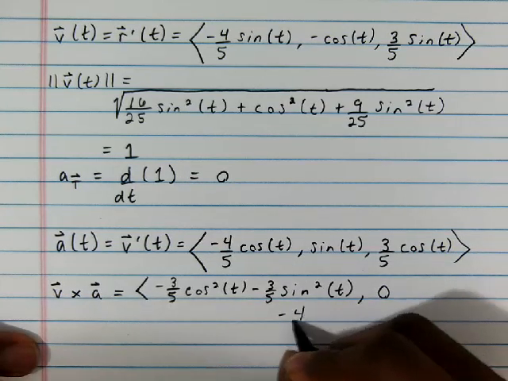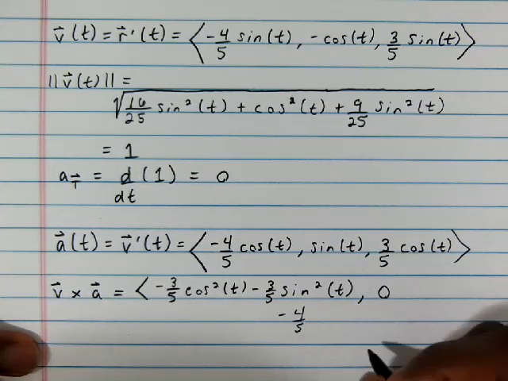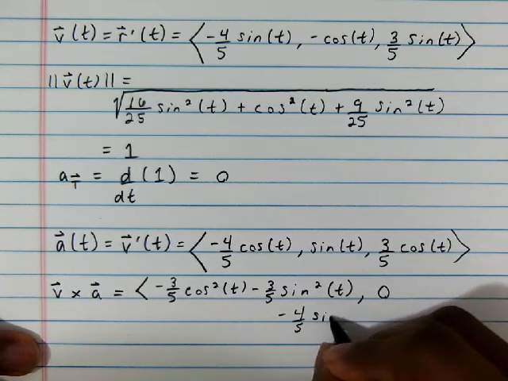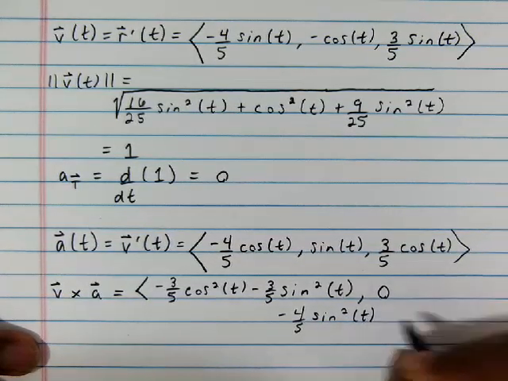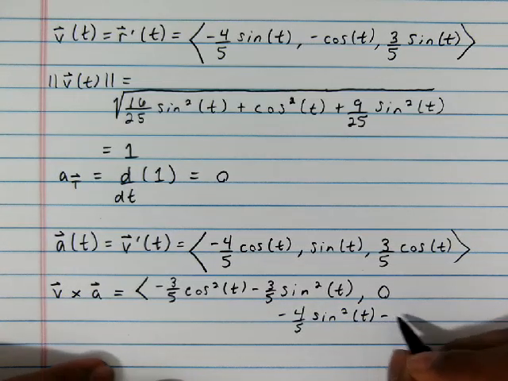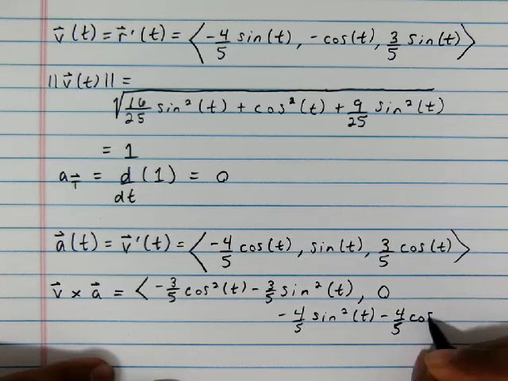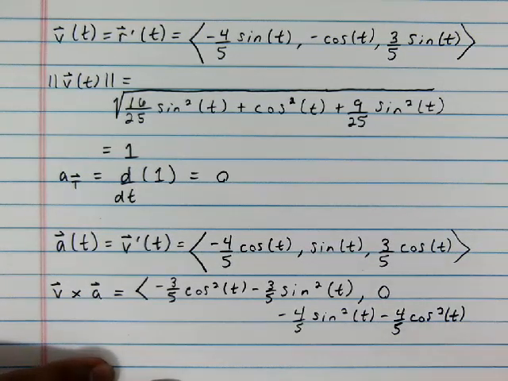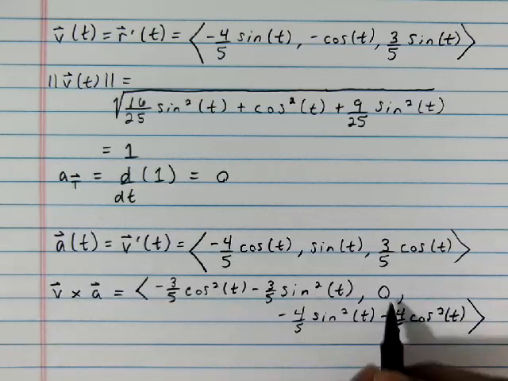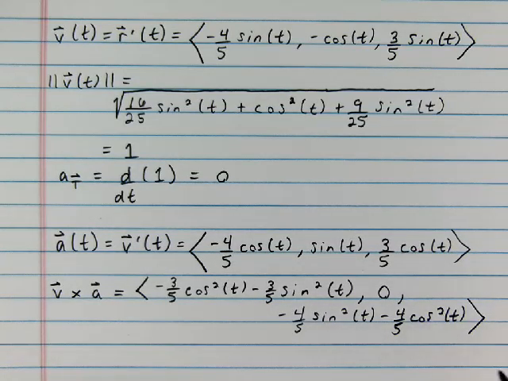So our i component, our j component, our k component. And now we have our cross product.